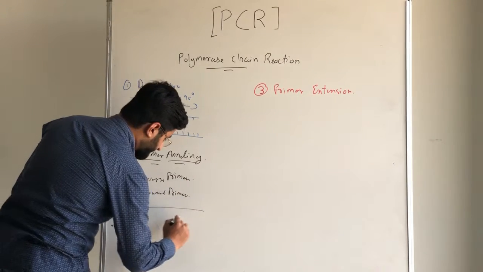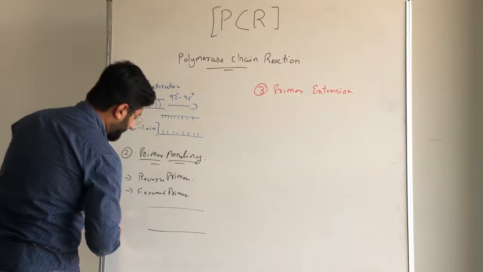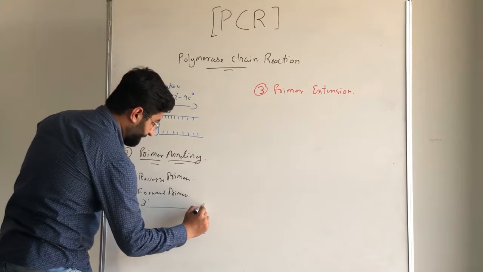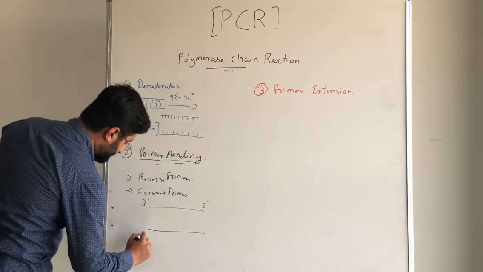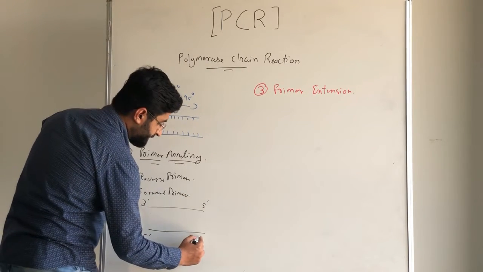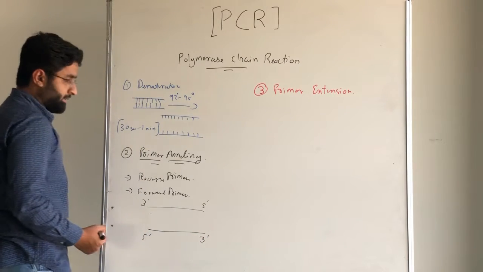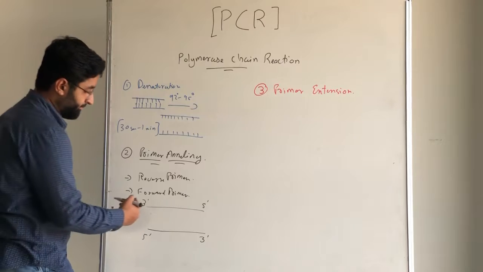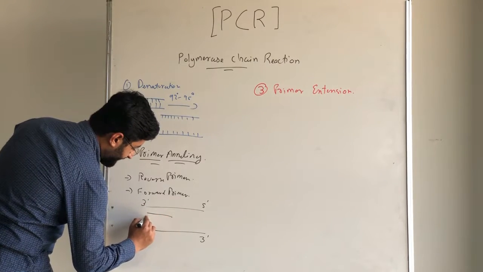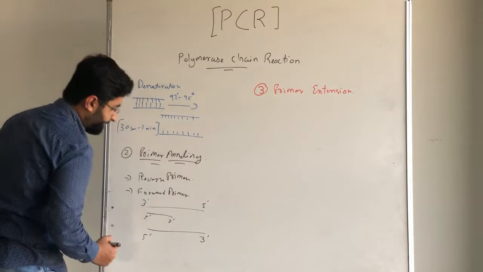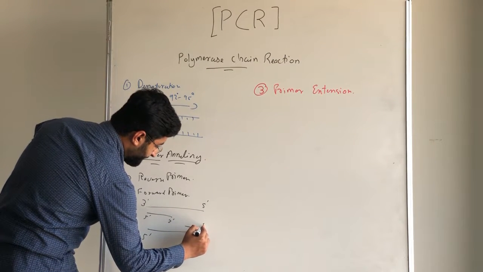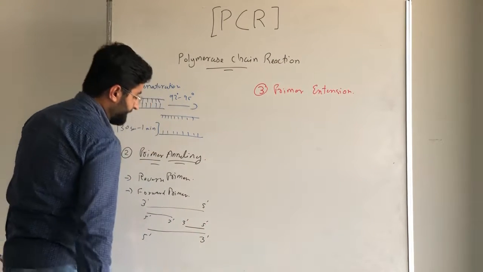So we have these two strands, one is 3' to 5', another is 5' to 3'. So the forward primer will read at the 3' end and synthesize 5' to 3'. Similarly, the reverse primer will read over here and synthesize from 5' to 3'.